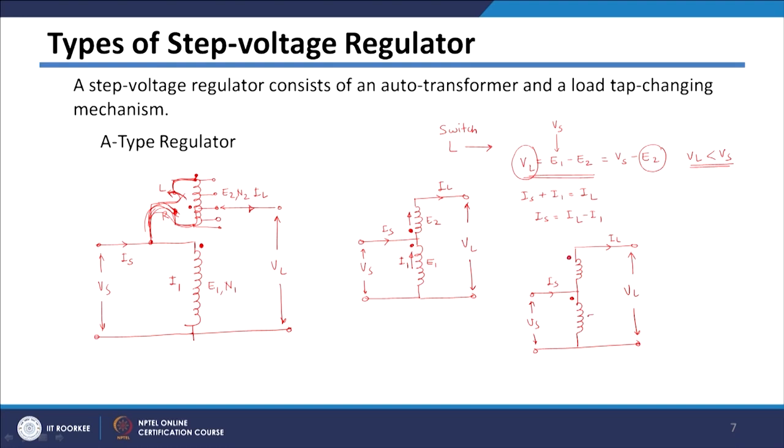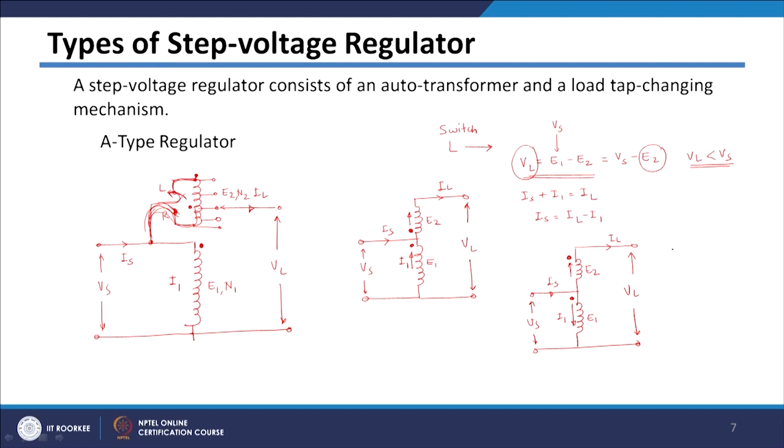So, in this case it is E1, this is E2. Current direction, if you see, in this case current is entering the dot. So, current has to leave the dot. So, the I1 direction will be something like this, and IL direction is entering the dot.